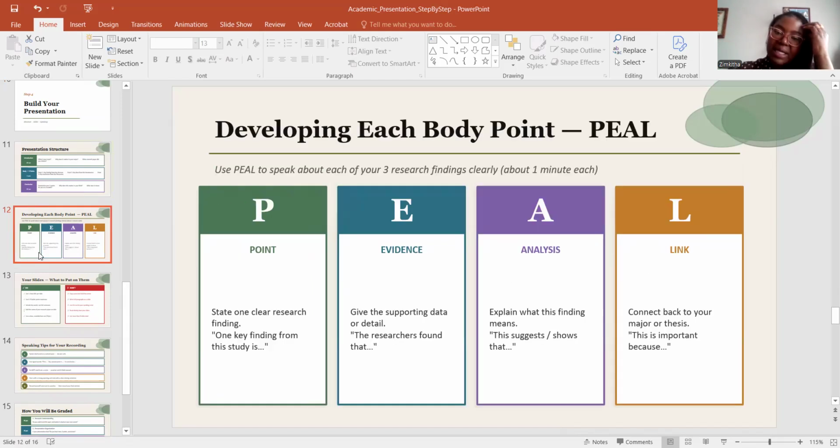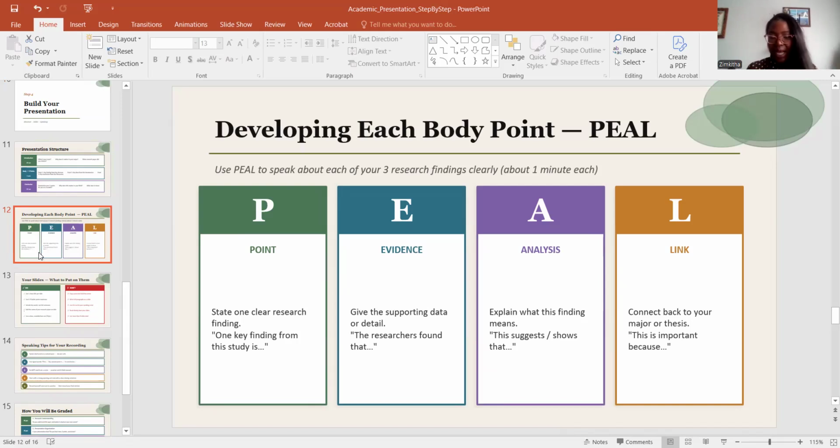When you're developing each body point, use the PEEL to speak about each of your research findings, right? You point, you show evidence, you explain the analysis and the link, all right? Again, you use the PEEL. So when you speak in your presentation, you're going to record it.